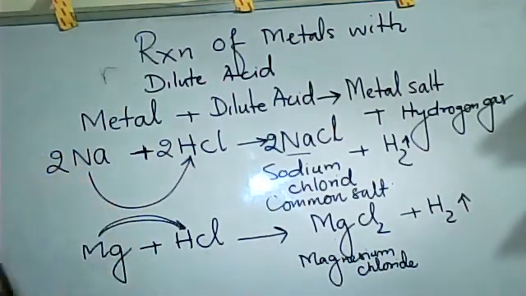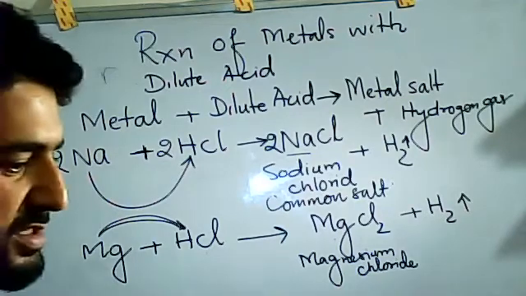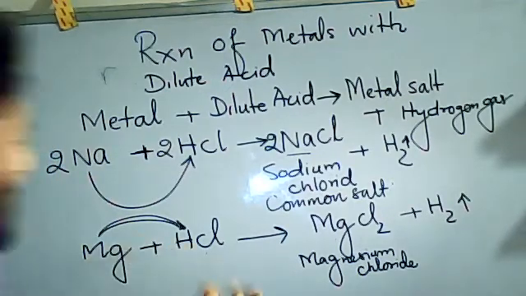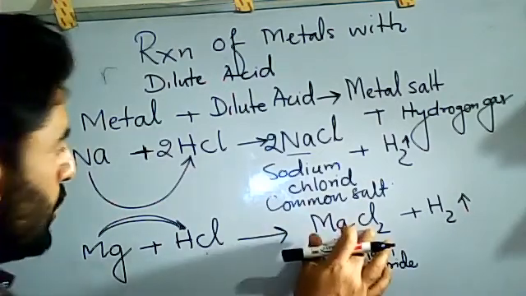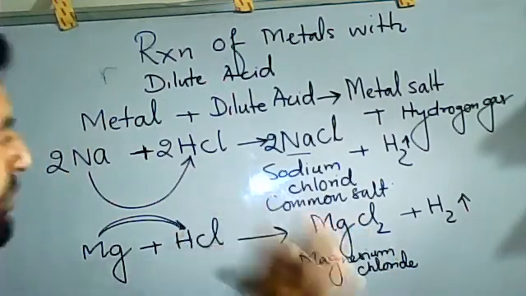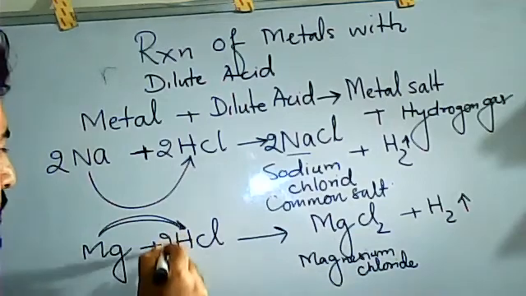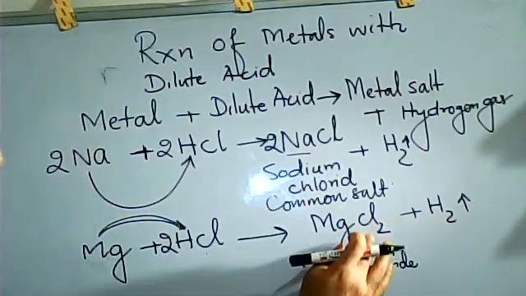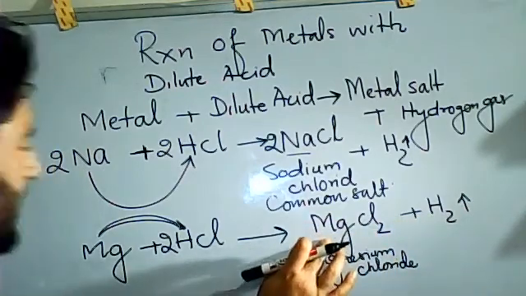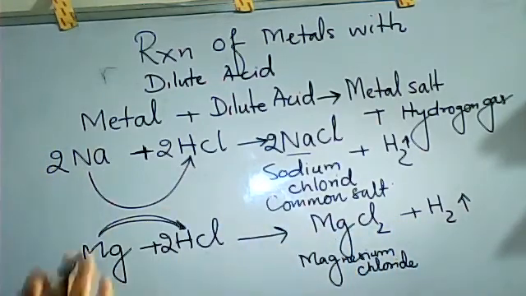Now we have to balance this reaction because this is not a balanced chemical equation. So here we have two chlorine, and we have a single chlorine. What we will do, we'll put twice here. So we are getting two hydrogen, two chlorine, a single magnesium atom, and we have a single magnesium atom on the left hand side also.